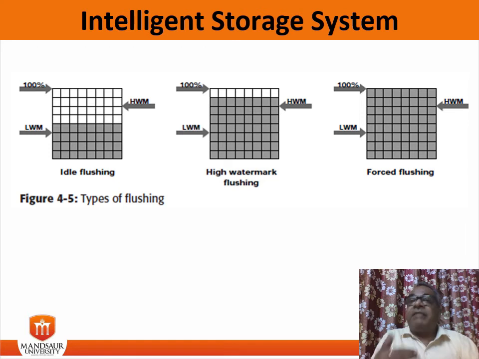Another one is high watermark flushing. High watermark flushing is activated when the cache utilization hits a high level, or you can say a high watermark. So the storage system dedicates some additional resources for flushing. This type of flushing has some impact on the IO processing.